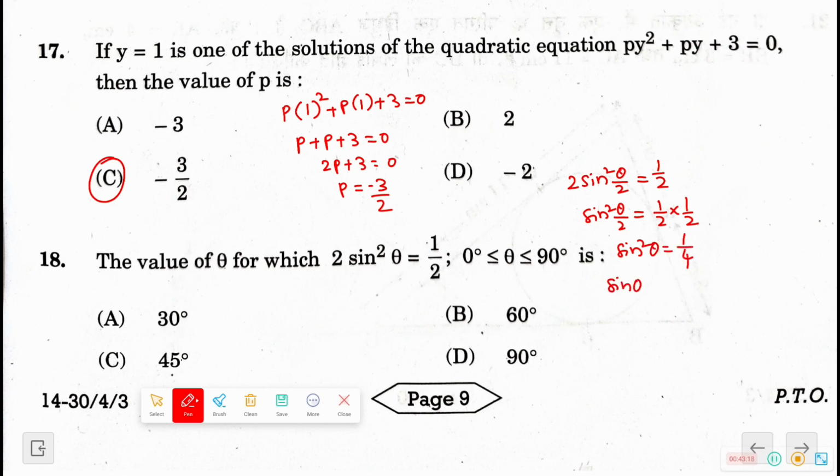Sine theta by 2 is equal to root of 1 by 4, which is 1 by 2. Sine is 1 by 2 at an angle of 30 degrees. So sine theta by 2 is equal to sine 30 degrees, so theta by 2 is equal to 30 degrees. That is the correct option.